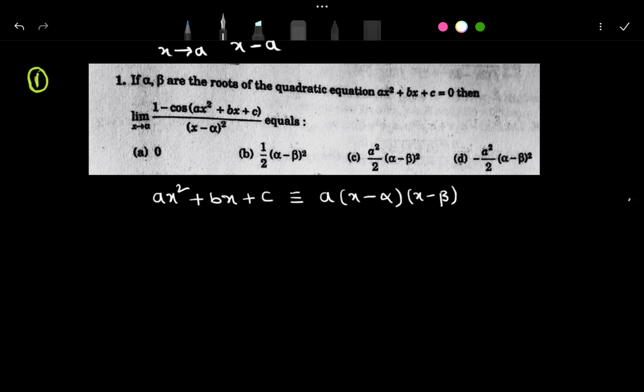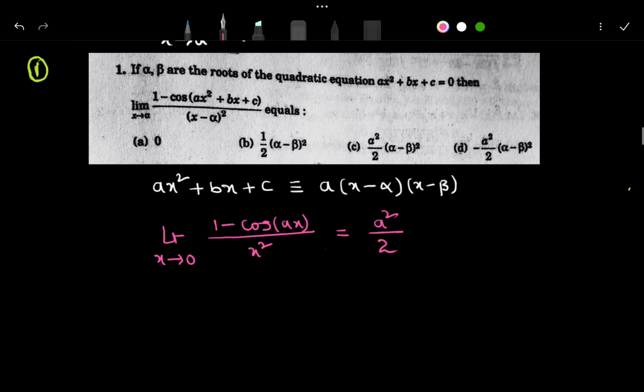Now after that, one more formula you have: limit x tending to 0 of 1 minus cos of ax whole divided by x square. This value will be equal to a square whole divided by 2. So these two are very important in this one.